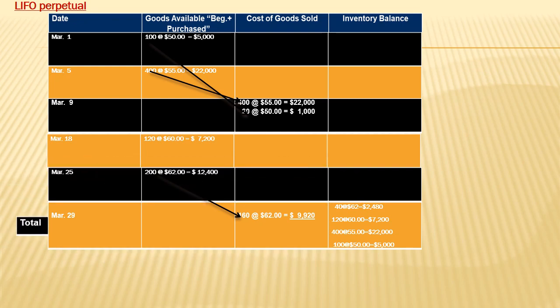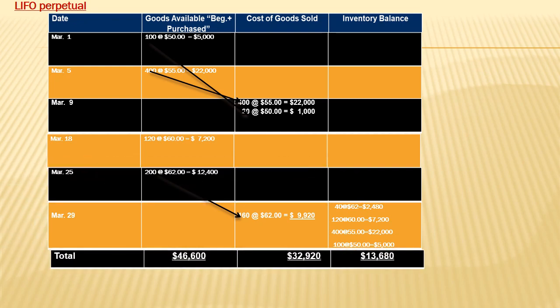Making a total cost of goods available for sale of 46,600, cost of goods sold 32,920 when I add these three numbers, and the cost of ending inventory, I add these last four numbers, giving me 13,680. And to make sure that I'm on the right track, I just add these two numbers, cost of goods sold and ending inventory.